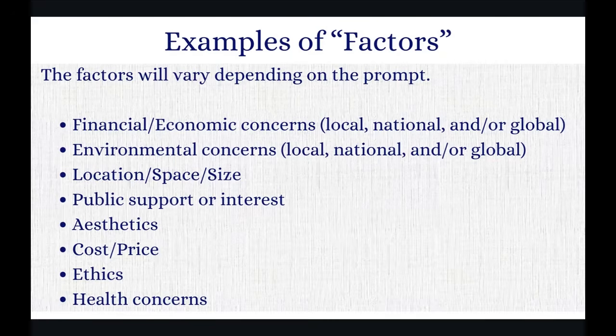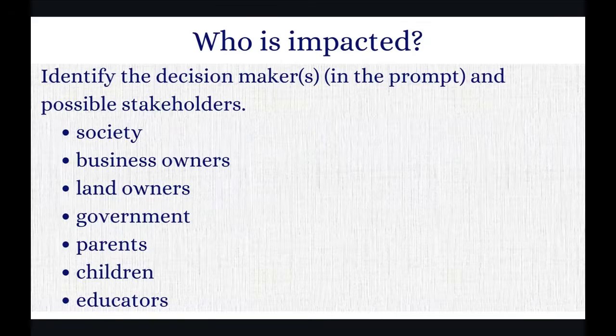Now, this is just a general list, but depending on the topic itself, there might be other factors that are more specific to that topic. Think of factors as just the things that need to be considered. Now, keep in mind that certain factors are going to be more important than others. And so that's part of the process of writing this essay as well, is you want to think about which factors are most important.